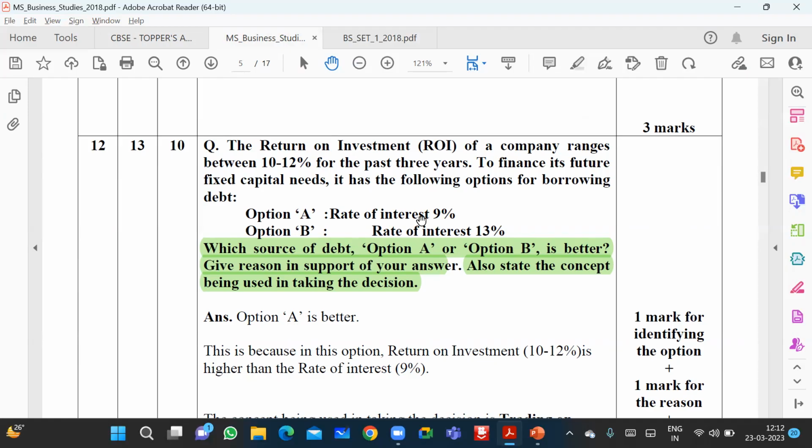So you have been asked which option is better. Definitely where the ROI is more than the rate of interest, that option would be accepted. So here option A will be suitable and it will be accepted.